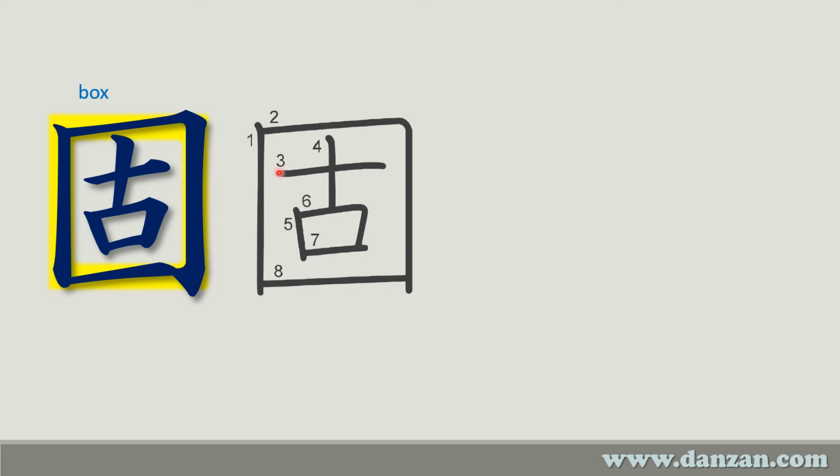We do the insides first. 3, 4, and then we draw another box, and this actually would be a radical for mouth. 5, 6, and then 7. And now we can close off the large box, 8, like so.